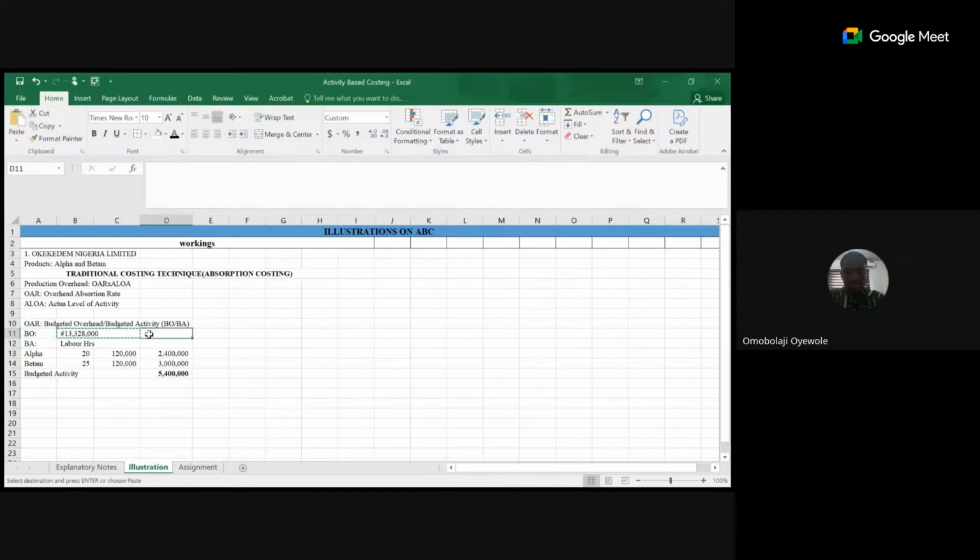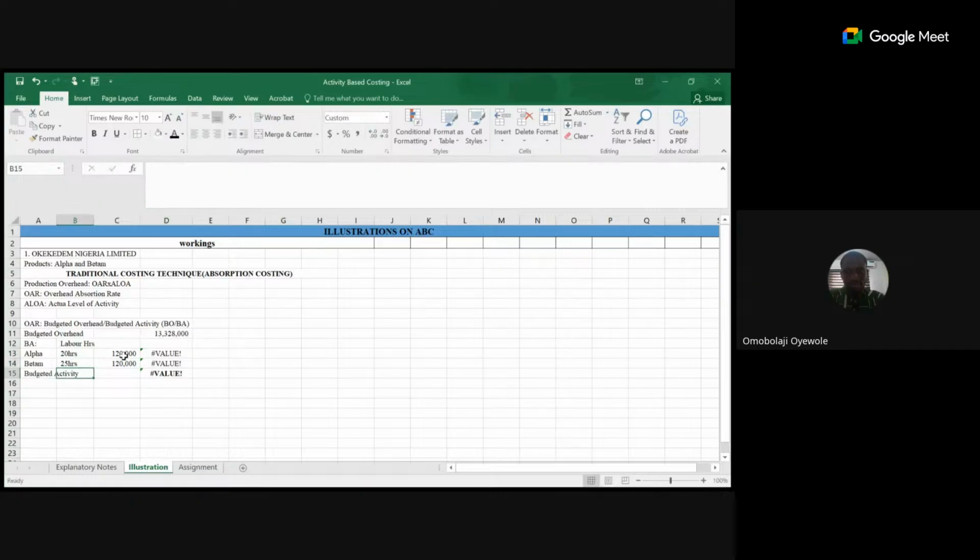So our budgeted overhead is 13,328,000. Let me correct what I wrote: this is supposed to be 20 hours, not units, and this is supposed to be 25 hours.